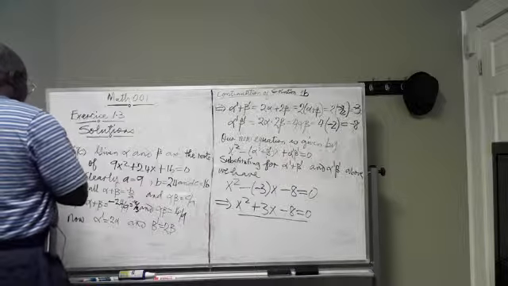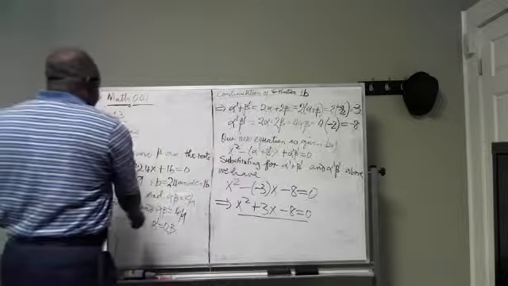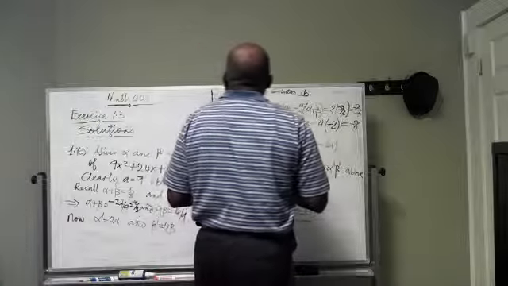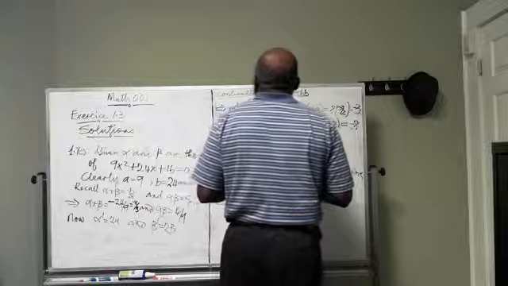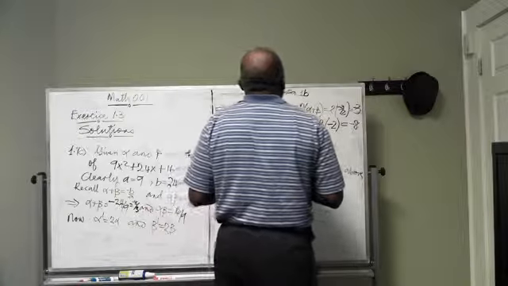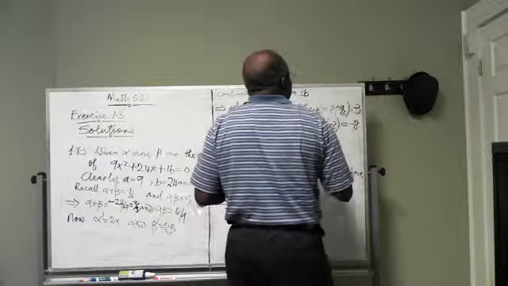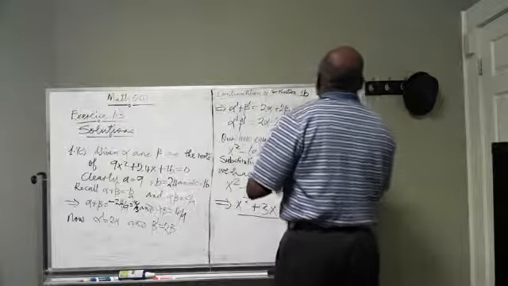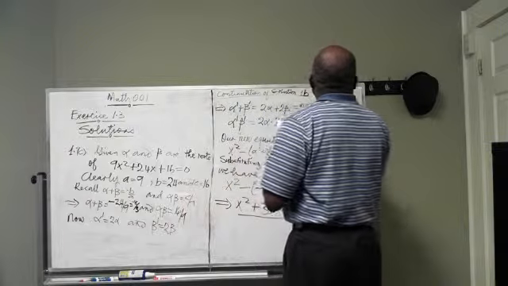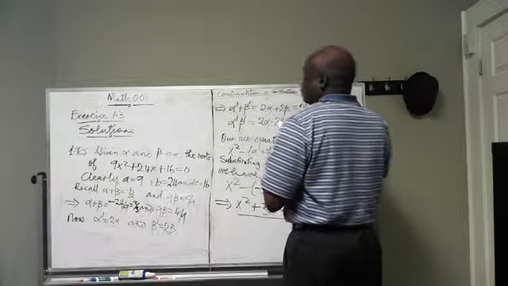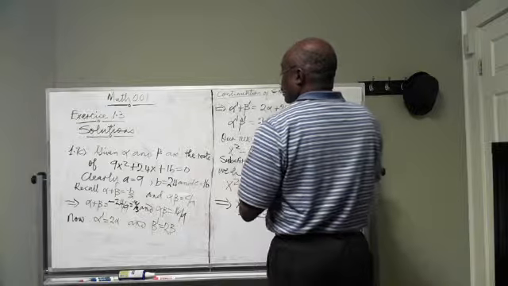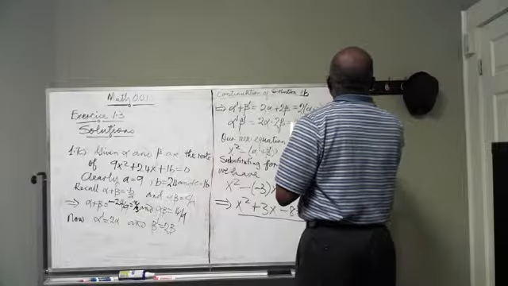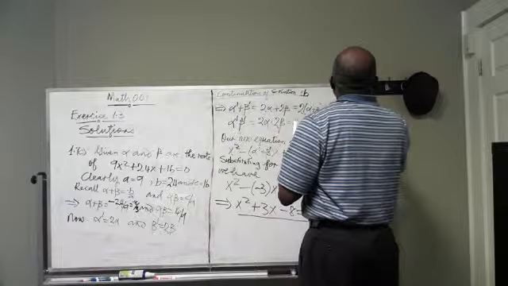Now we know that alpha prime equals 2 alpha and beta prime equals 2 beta. This results in alpha prime plus beta prime equals 2 alpha plus 2 beta, which is equal to 2 into alpha plus beta, which is equal to 2 into minus 8 over 3, equals minus 16 over 3.